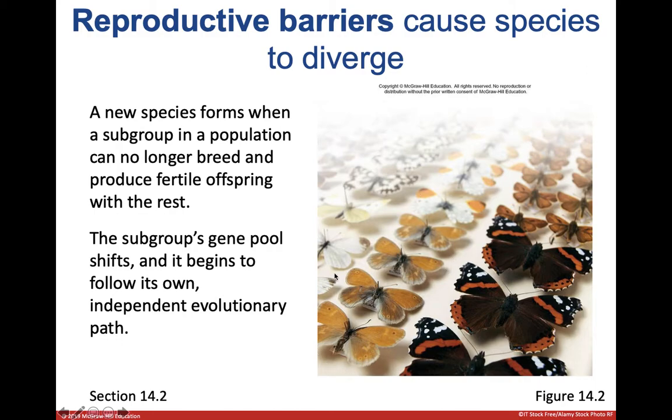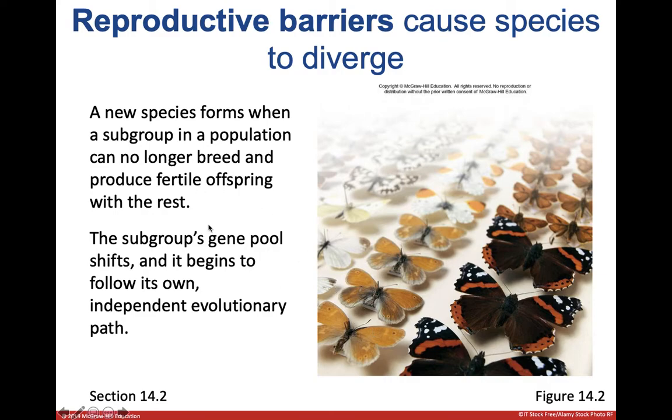And then for some reason, one little group of these butterflies is going to leave the area that it's in and move to a different area. Now when that happens, it's going to reduce the gene pool available. There are no longer going to be these original butterflies available to breed with the entire population. They've left, they've gone somewhere else.